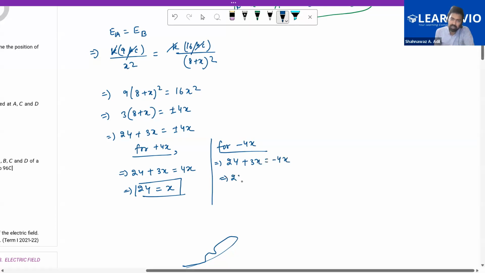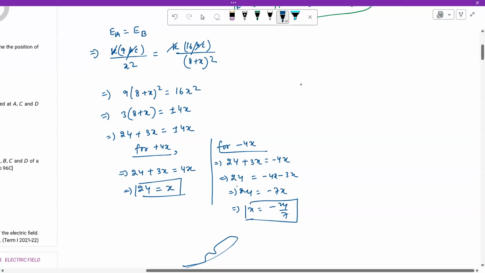So that would be 24, and then minus 4X minus 3X, so again 24 and minus 7. So X is minus 24 by 7.